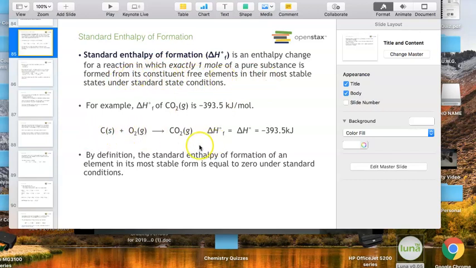Here we have free elements forming a compound, carbon dioxide, and so the standard enthalpy of formation is negative 393.5 kilojoules. By definition, the standard enthalpy of formation of an element in its most stable form is equal to 0 under standard conditions.